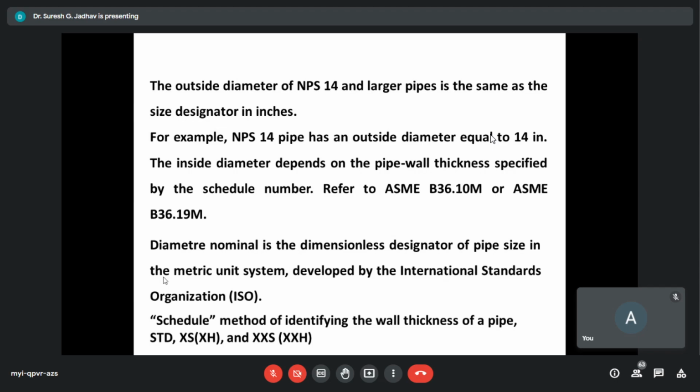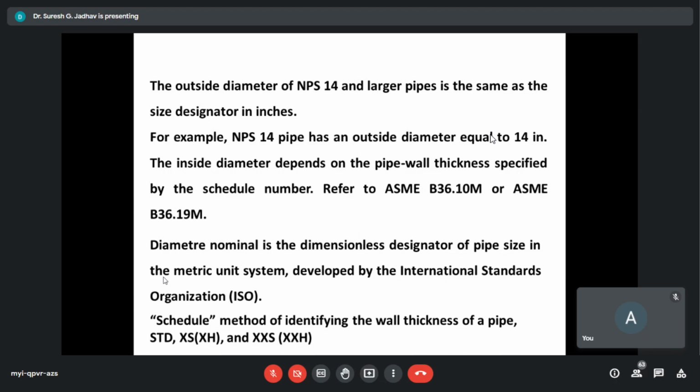For the schedule numbers we can refer to ASME B36.10M or ASME B36.19M. In spite of the introduction of the schedule method for identifying the wall thickness of pipe, earlier we considered identifying it as STD, that is the standard, or XS, single X, in brackets XH, and XXS, double X, in brackets double XH.